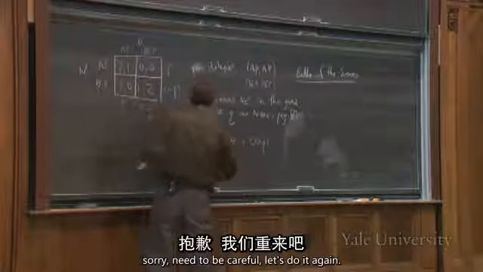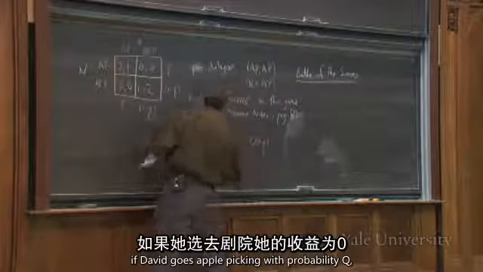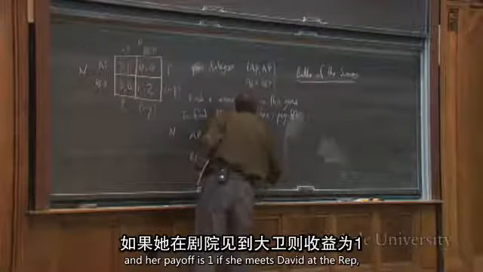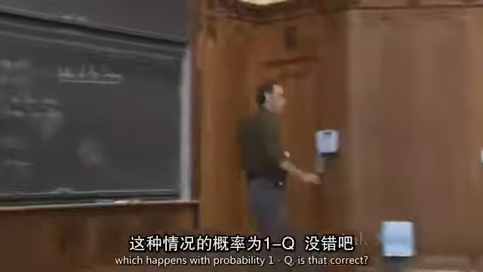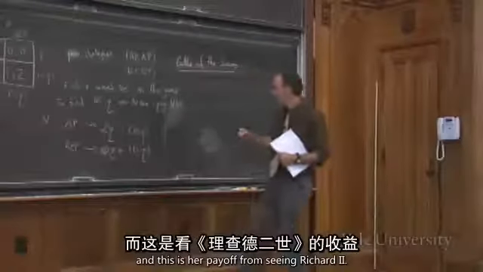Start again. If she goes to the rep, her payoff is 0 if David goes apple picking, with probability Q, and her payoff is 1 if she meets David at the rep, which happens with probability 1 minus Q. Is that correct? All right. So this is her payoff from apple picking, and this is her payoff from seeing Richard II.